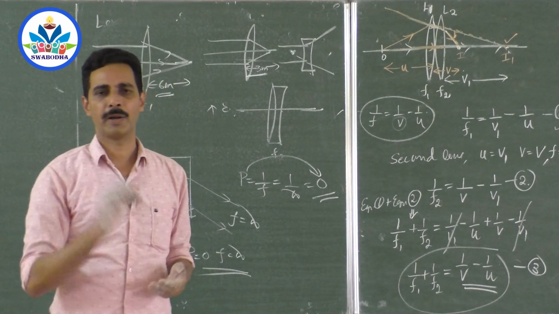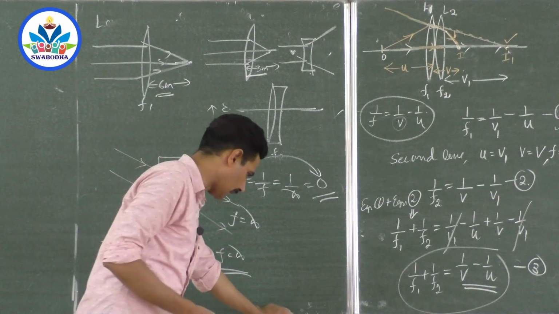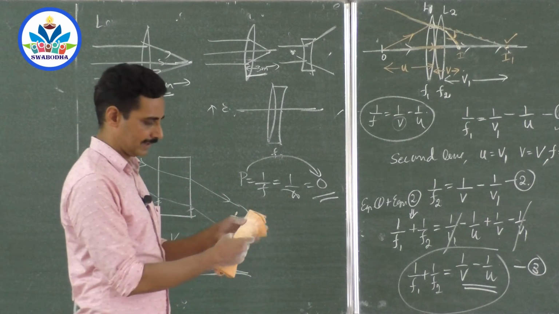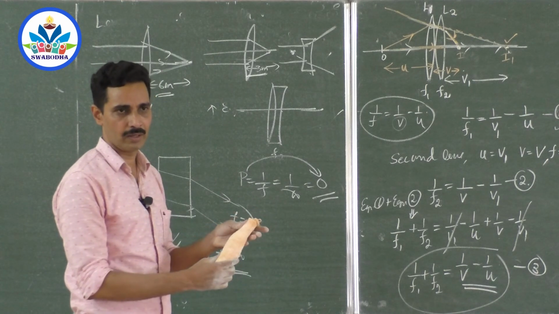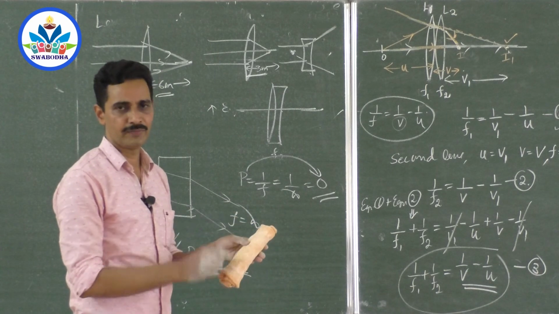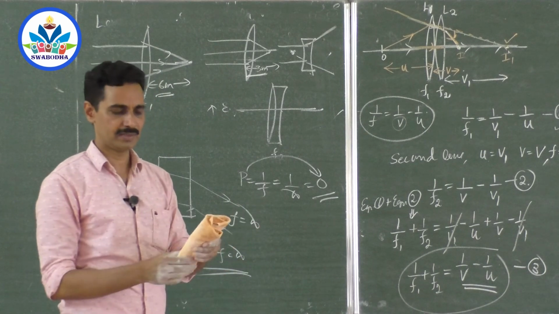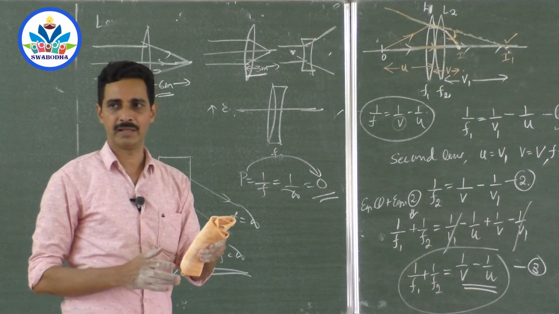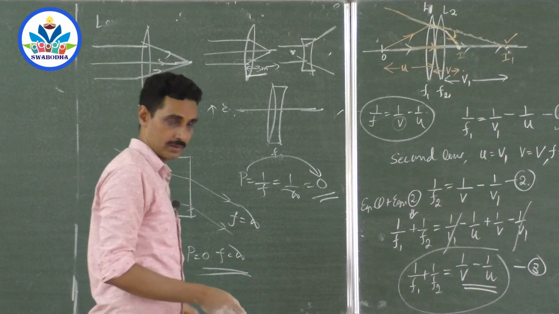Take a sheet of paper, an A4 size paper, fold it like this, and write all the formulas one by one, starting from Snell's law, refraction, refractive index, everything. Every time when the class begins, five minutes before, look into all the formulas. Then you are recapping all the things in this chapter. That helps you a lot.